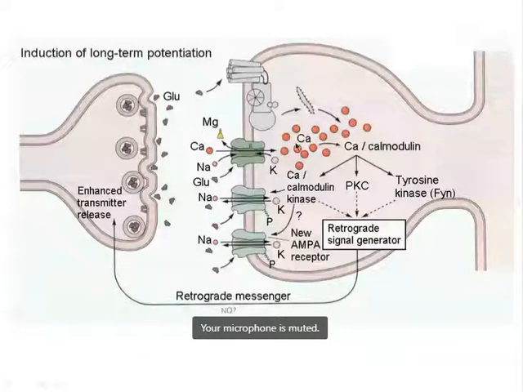Calcium is more here inside, so the excess calcium-calmodulin complex increases the activity of the kinase enzyme. So the kinase enzyme produces more NO, and NO is a gas which comes retrogradely to the presynaptic membrane, and the presynaptic membrane again releases glutamate.